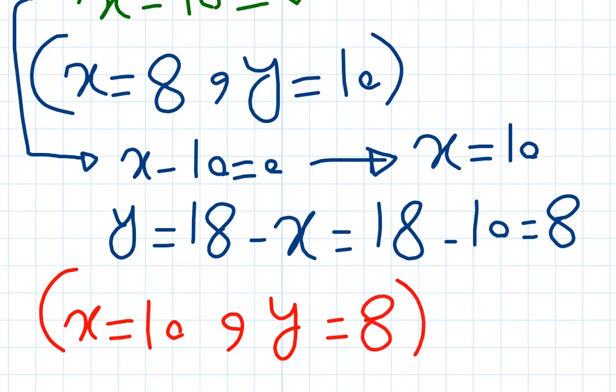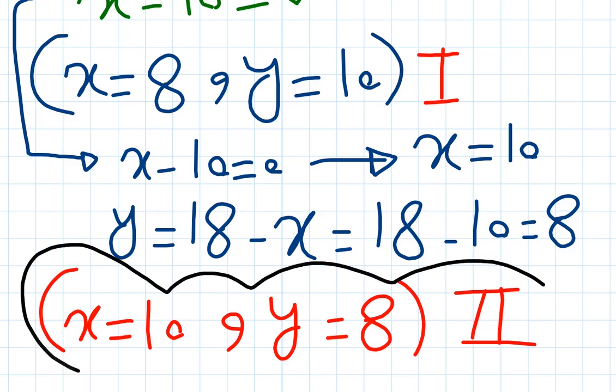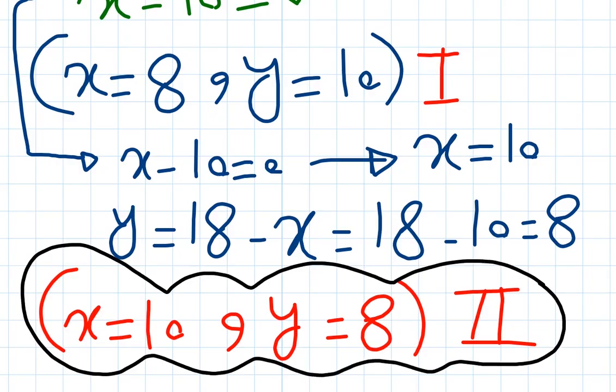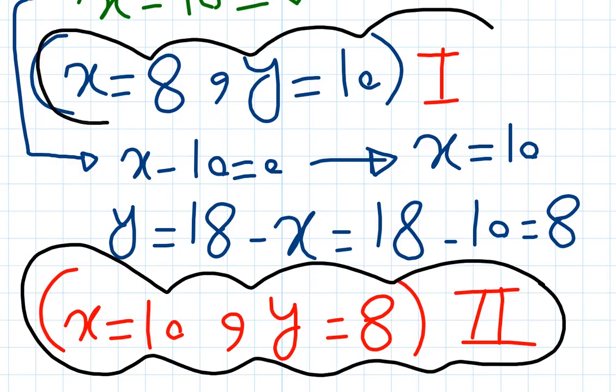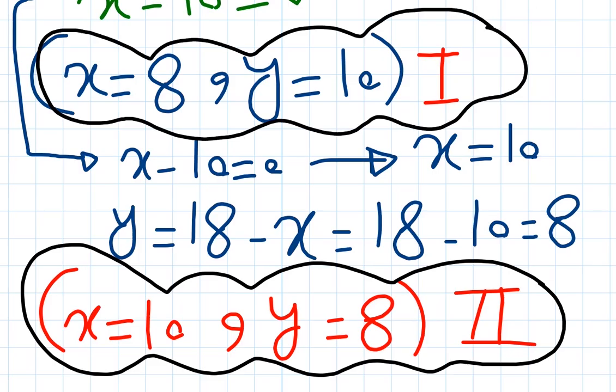This is also the second set of answers. Well, I solved this equation. One answer for me became x equals 10, y equals 8, which I underline with a black box. The other is x equals 8 and y equals 10. I solved these two equations, and there is a series of answers.